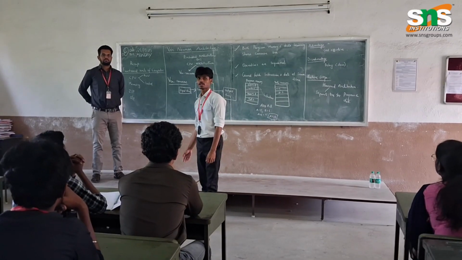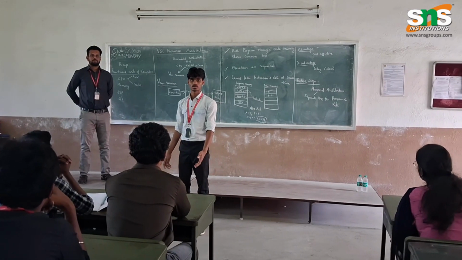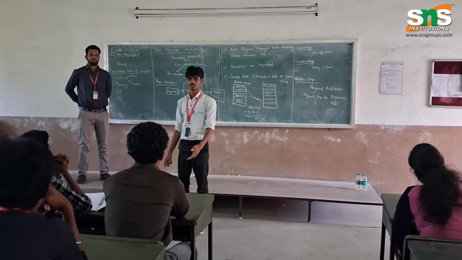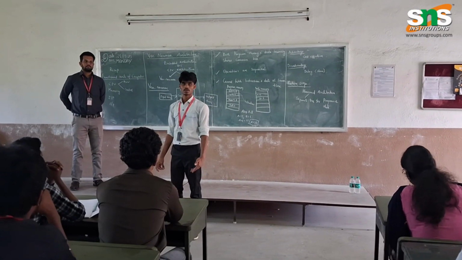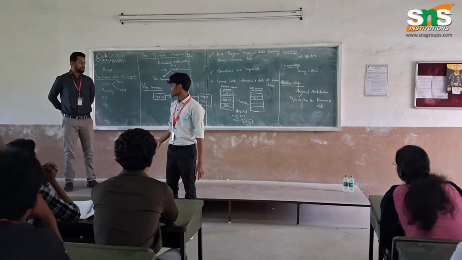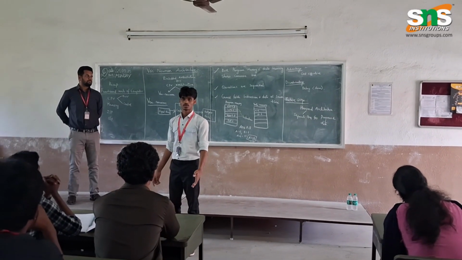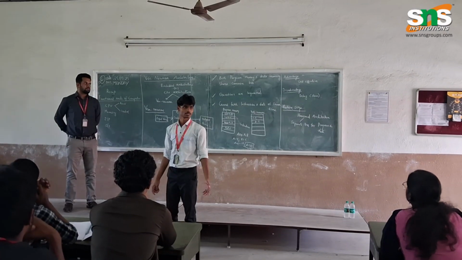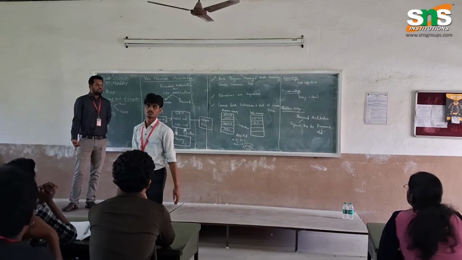In CPU there are two main components, ALU and control unit. ALU is the arithmetic logic unit, which performs all the arithmetic and logic functions in the command. And the memory unit acts as a memory. And input and output devices, we have discussed some of the basic input and output devices. That's all about the previous class.